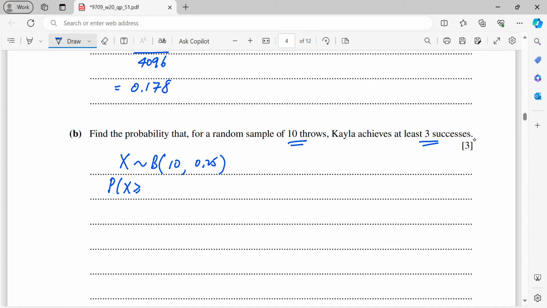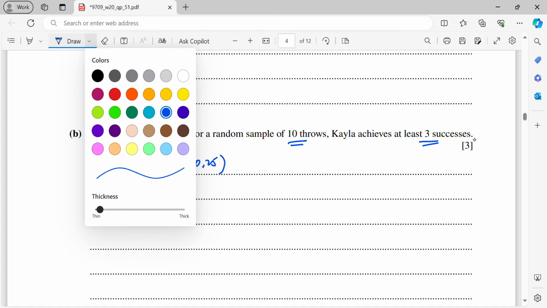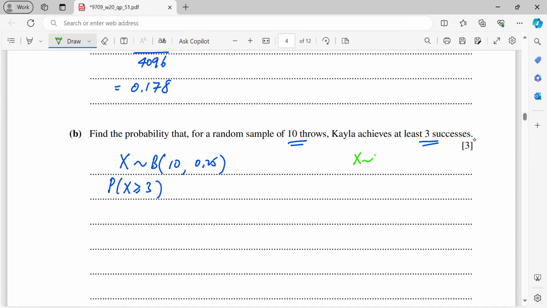P(X at least 3). So for your information, if X is binomially distributed with n and p, then P(X = x) equals nCx p^x q^(n minus x), whereby x starts from 0 until n. So x is the number of successes.